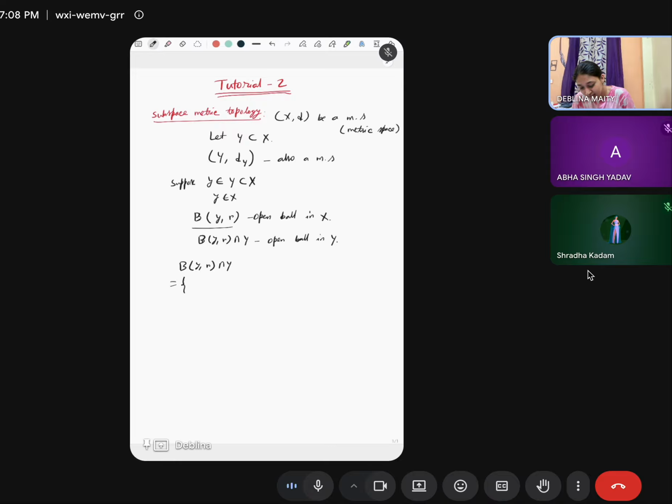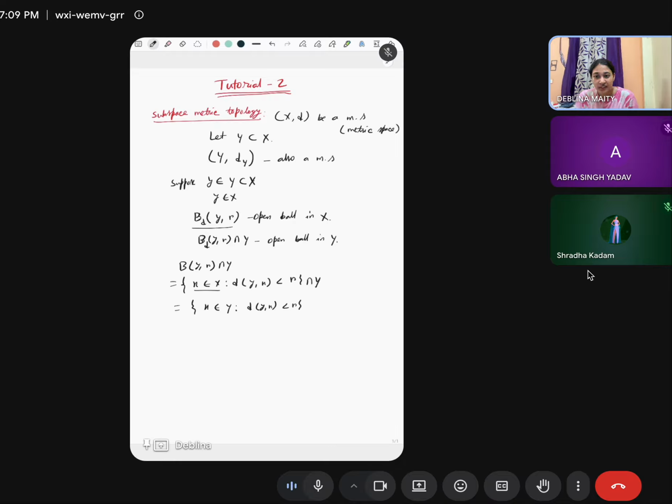Now we'll see that B(y, r) intersection Y is the set of all those x belonging to X, because B(y, r) is a ball, such that d(y, x) is less than r, intersected with Y. Here x belongs to X and intersection Y means all those x belonging to Y such that d(y, x) is less than r.